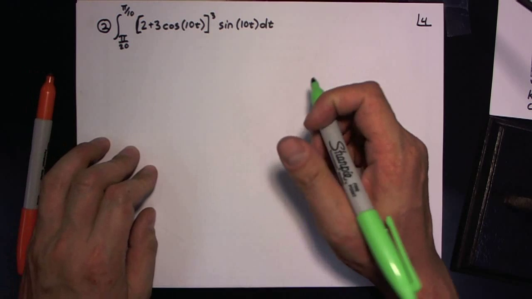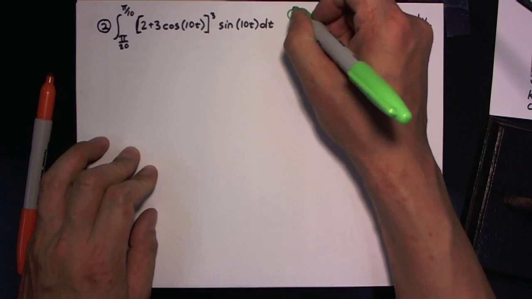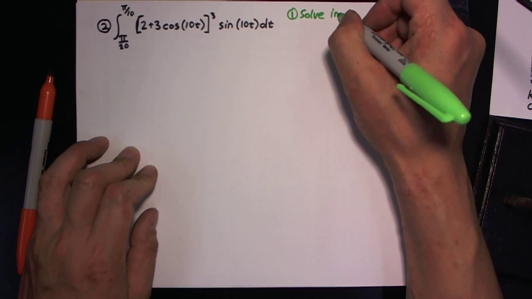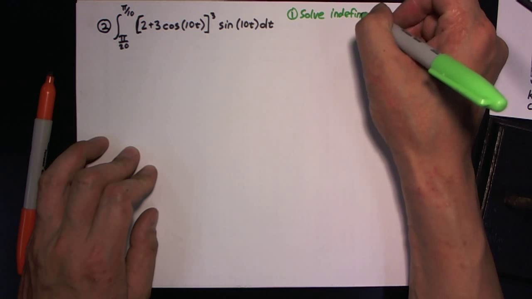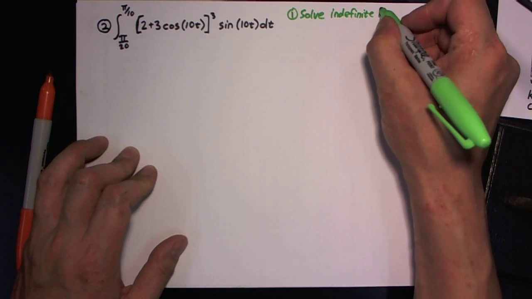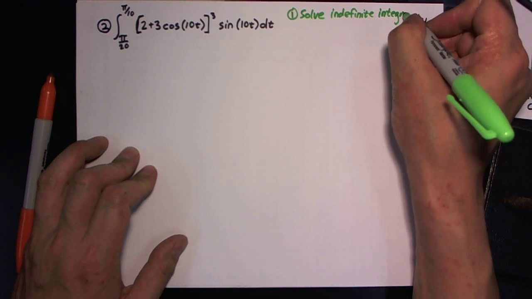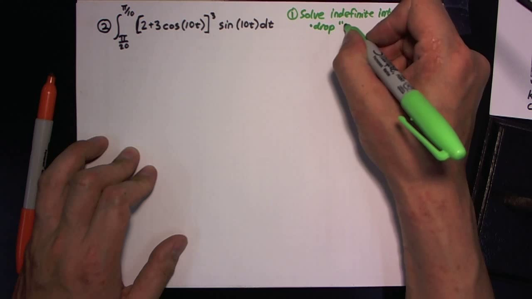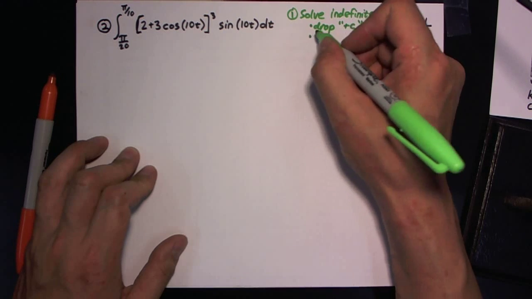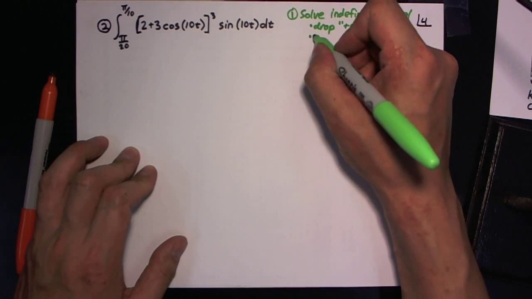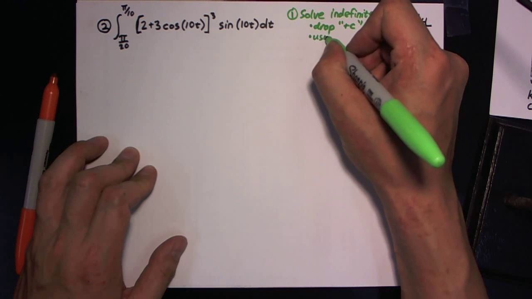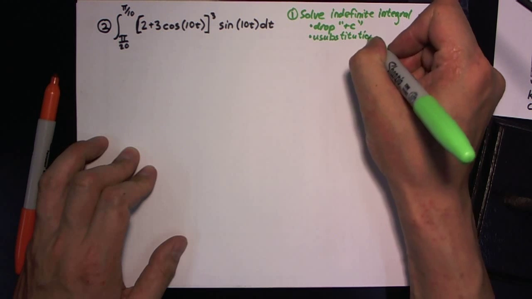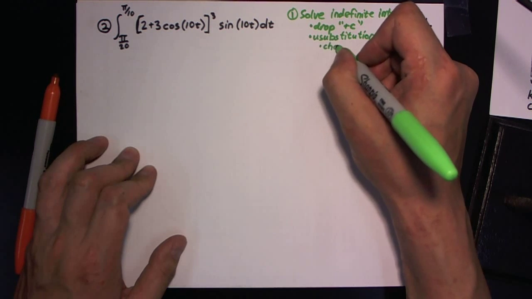And again, the process for doing a definite integral is to first solve the indefinite integral, you drop the plus c, and in this case we are going to need both a u substitution and within the u substitution we're going to have to use the chain rule.